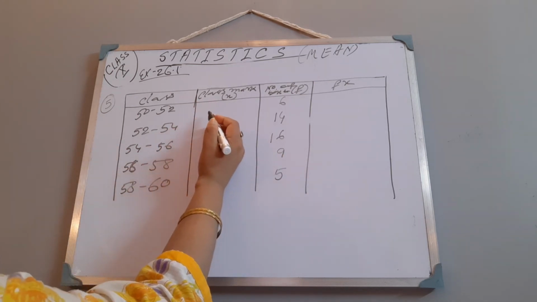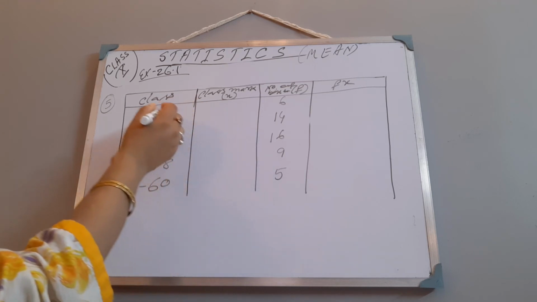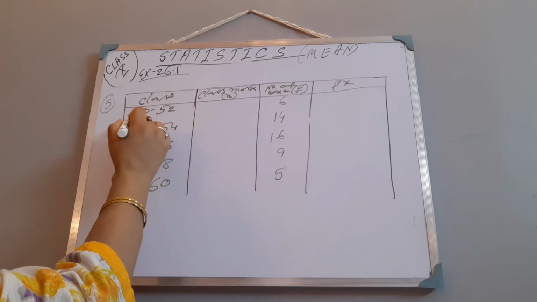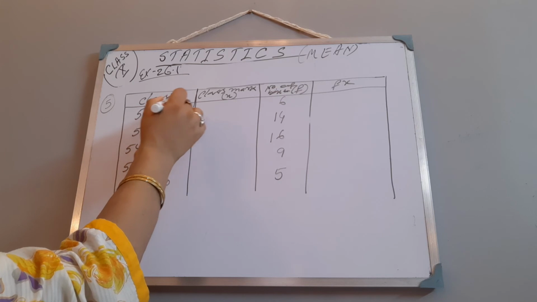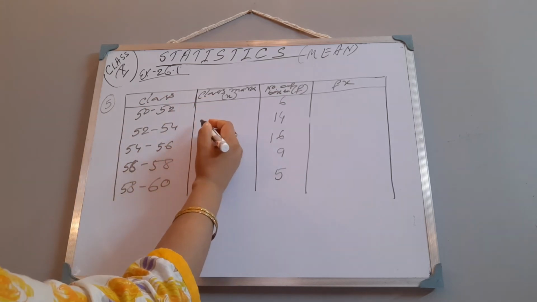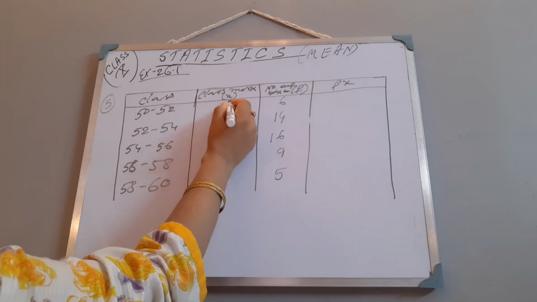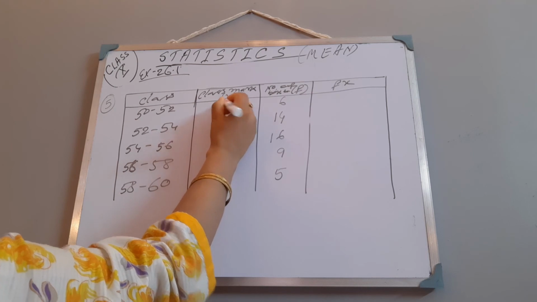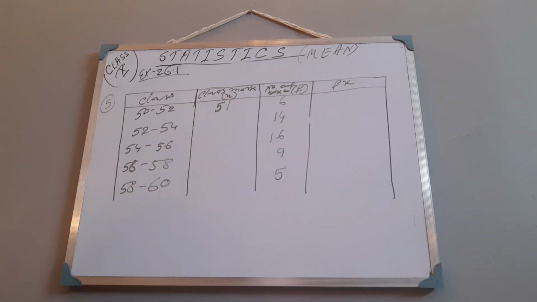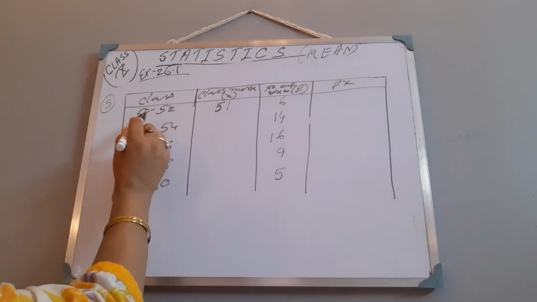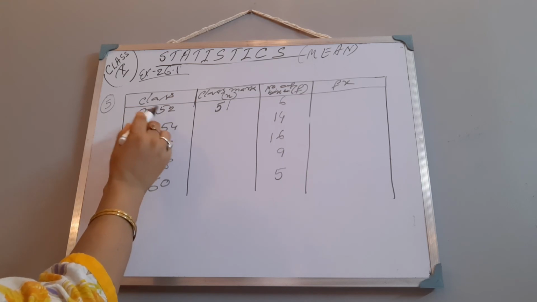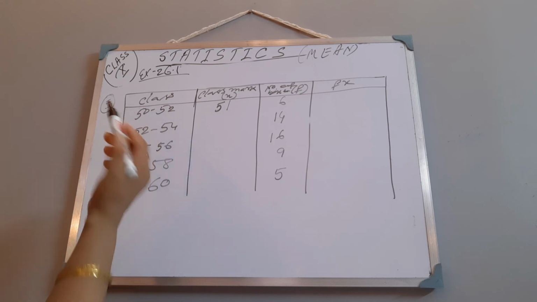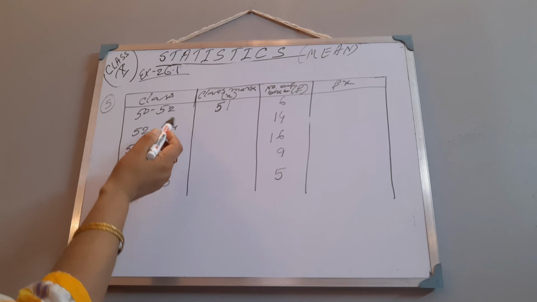So we have to find class mark. What did I say? How to find the class mark? Upper limit plus lower limit divided by 2. So 50 plus 52 means 102 divided by 2. 102 divided by 2 gives us 51. Okay. Now 51. Already I have said here class length or class size is given, that is 52 minus 50, that is 2. 54 minus 52, that is also 2.